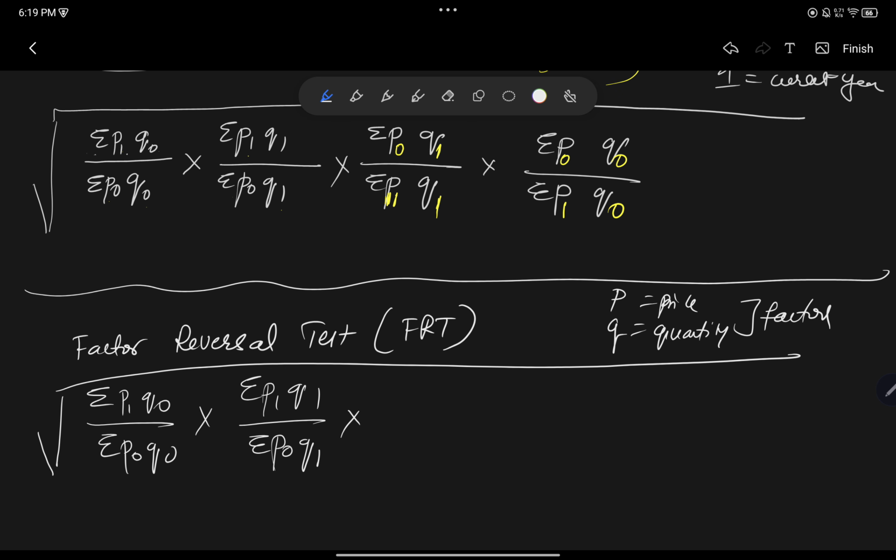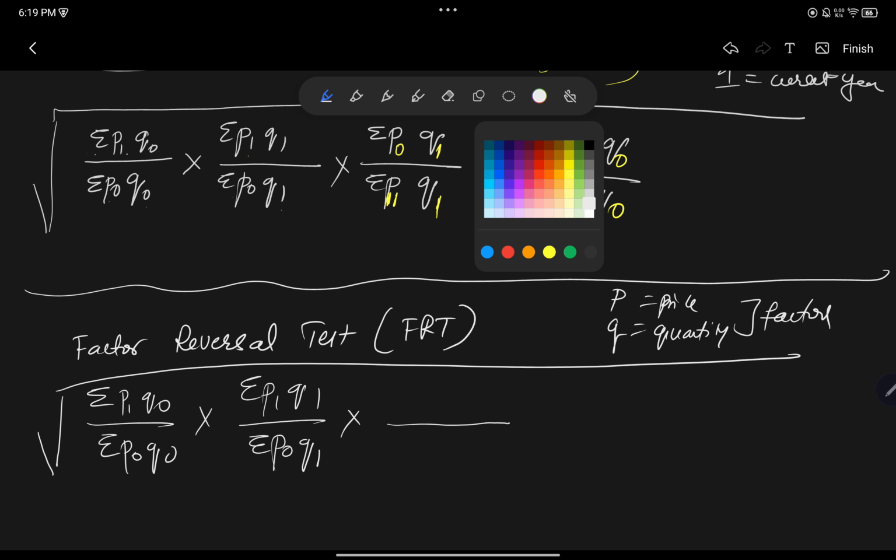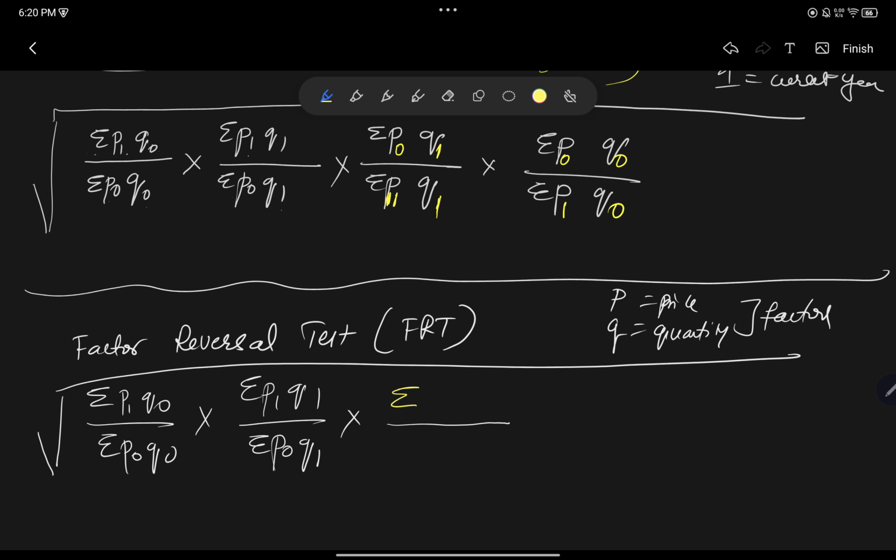So what do we need to do? You observe that. I will write it in yellow color. Summation of P1 is there. Instead of that, we need to write Q1. The 1 is constant. Next, Q0 is there, we need to write P0. Summation of P0 is there, we need to write Q0. Q0 is there, we need to write P0. Into, next here, summation of P1 is there, what do we need to write?